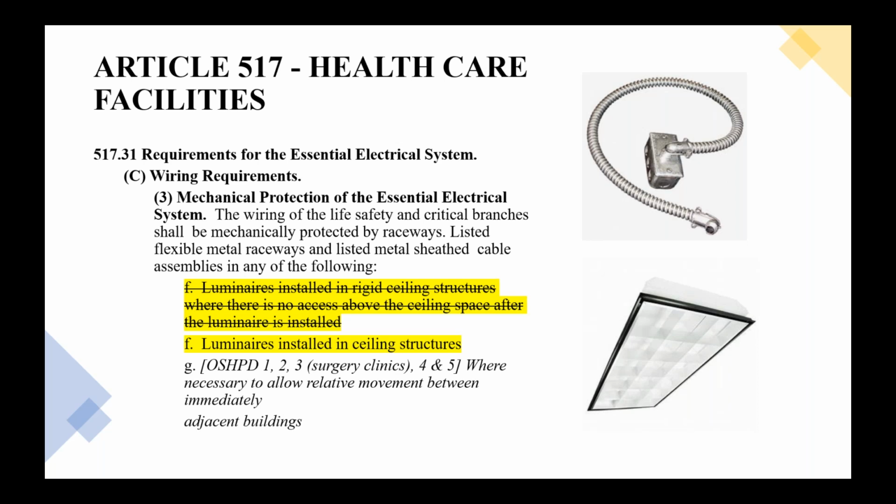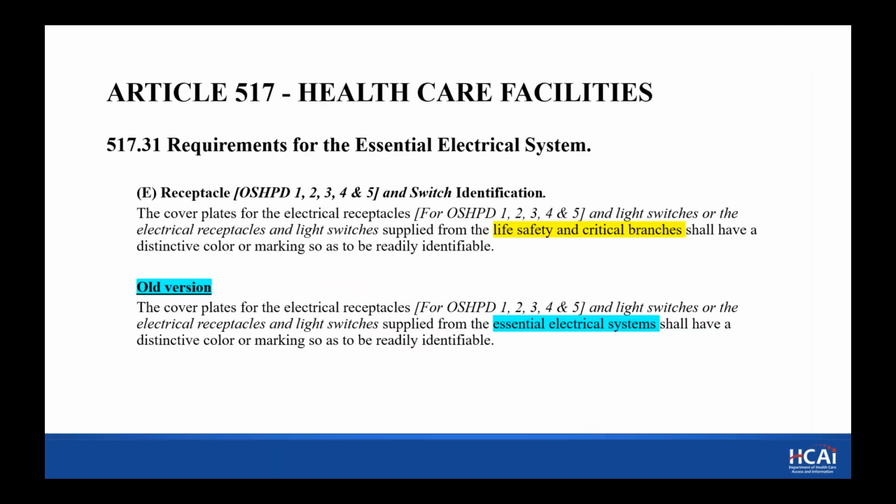This came up a number of times for interpretation in California, and it looks like it's come up across the country. So this really puts a nail in the coffin that flex is acceptable for light fixtures, regardless of what branch they're connected to. 517.31.